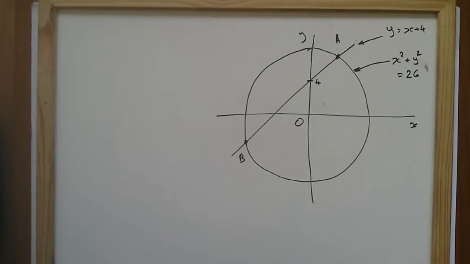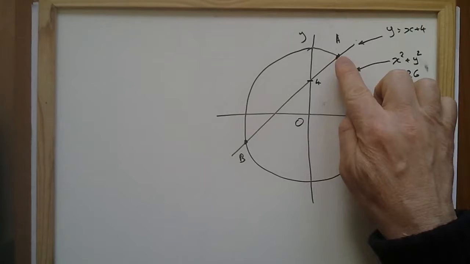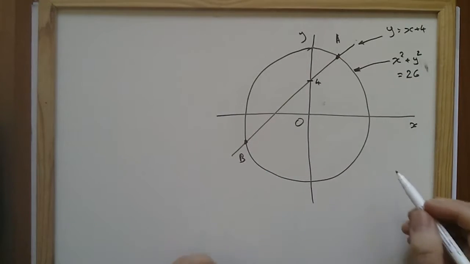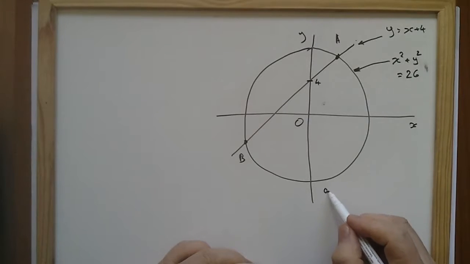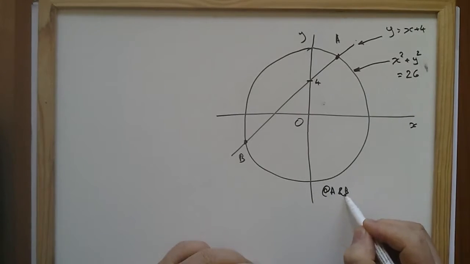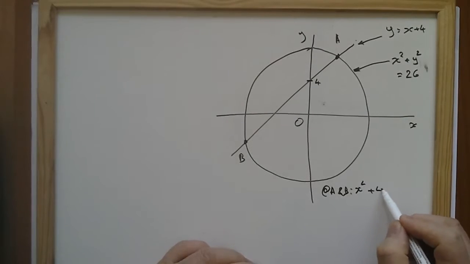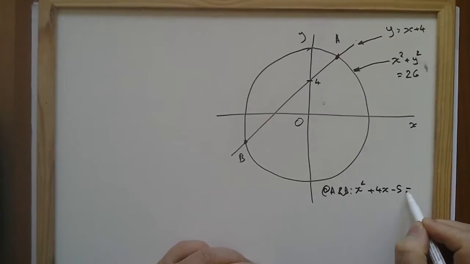The key insight here is that we're being asked to show that the x coordinates of A and B satisfy that equation, and the equation that they said was that, so at A and B, it is true that x squared plus 4x minus 5 equals 0.